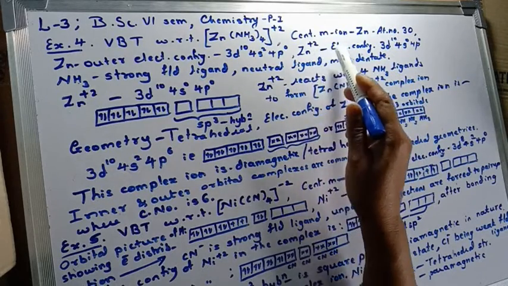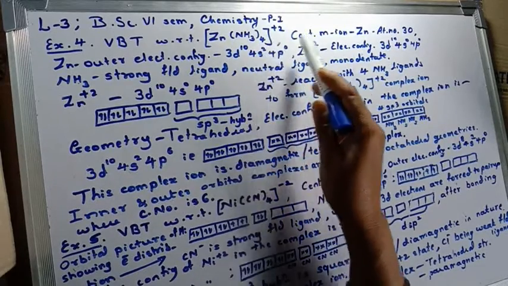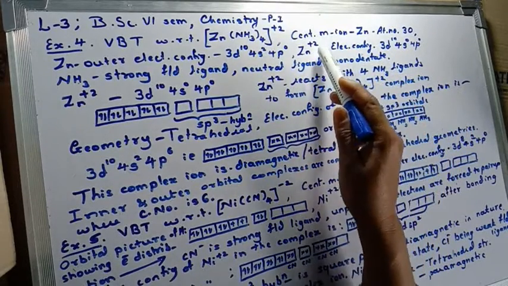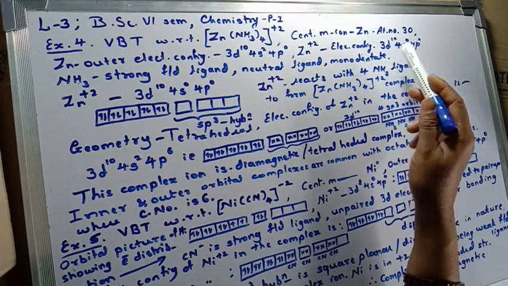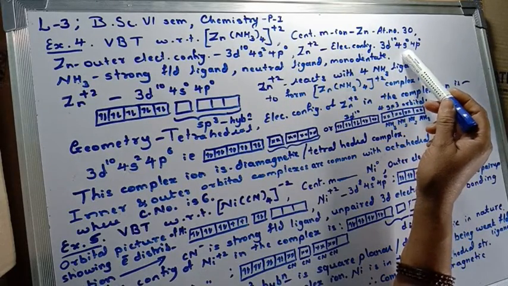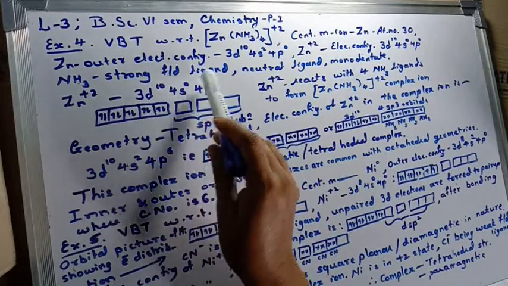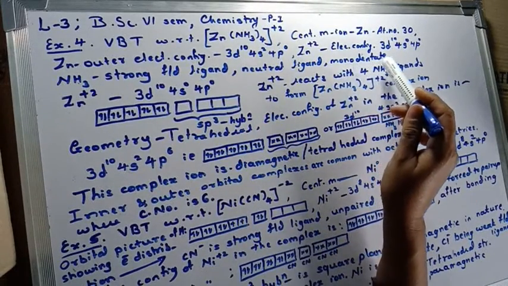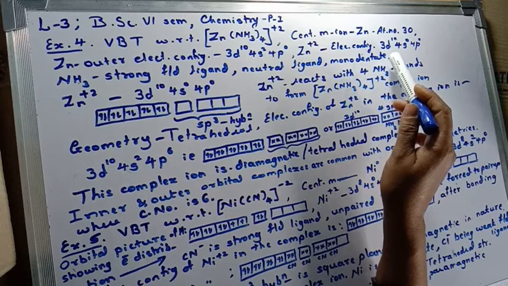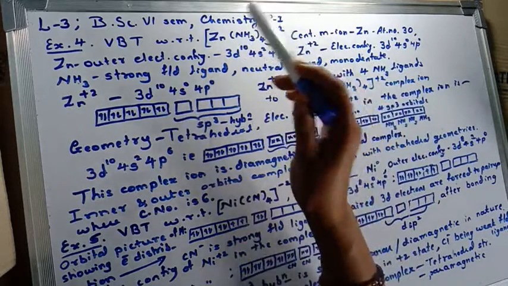So that means by losing 2 electrons. The 2 electrons are lost from 4s, and thereby it attains the Zn2+ state, and its electronic configuration is 3d10 4s0 4p0. NH3 is a strong field ligand, a neutral ligand, and also monodentate, which means it is capable of donating a single pair of electrons to the metal ion.